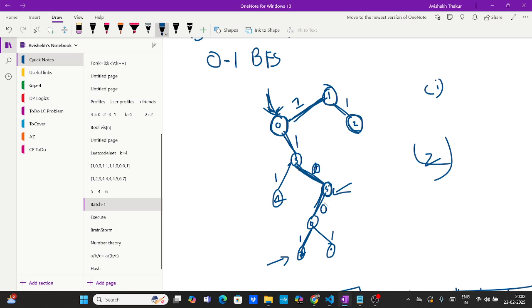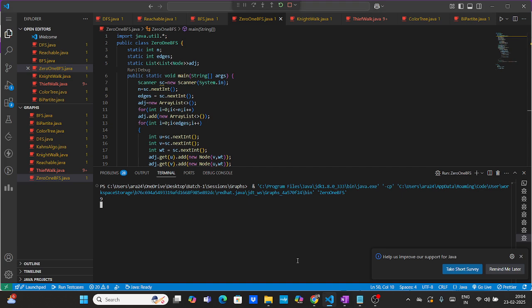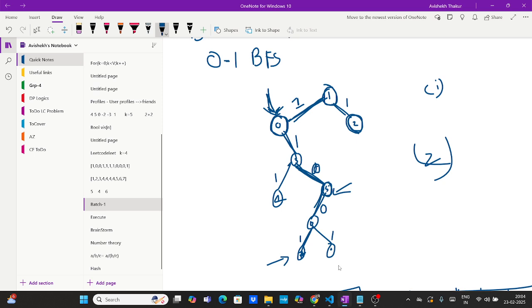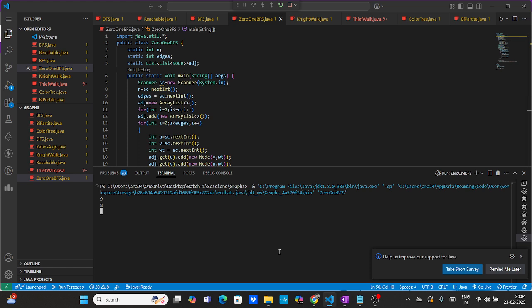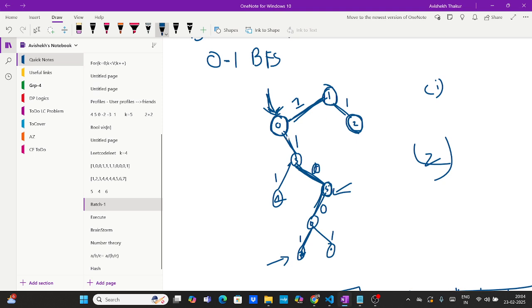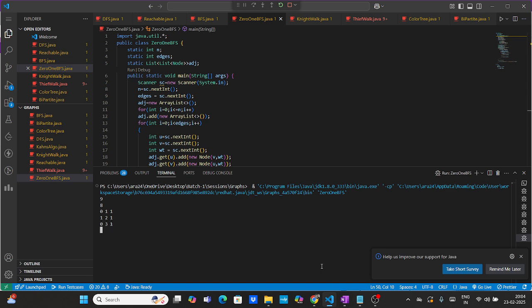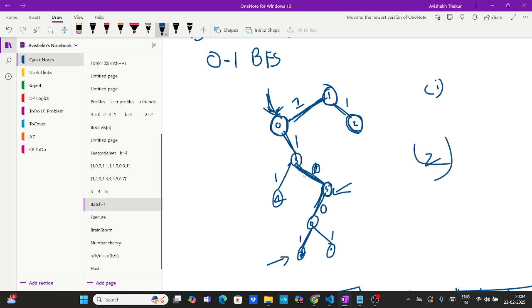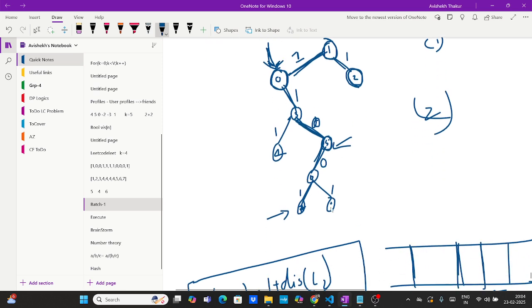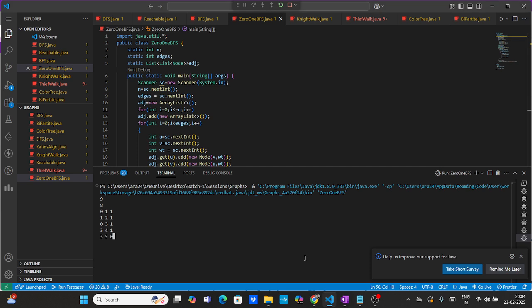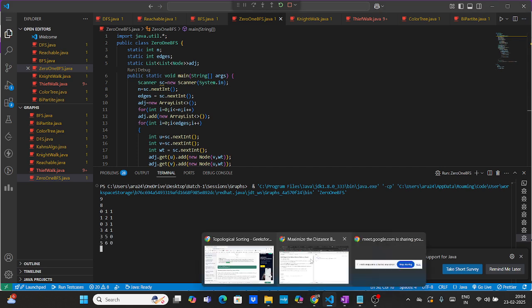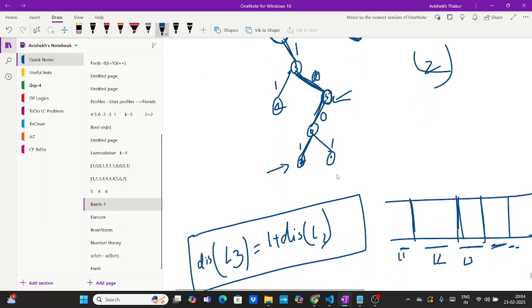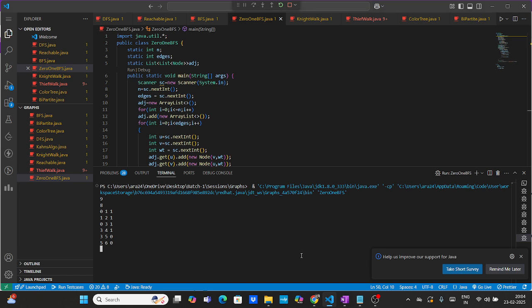Let's go: 0 with 1 has weight 1, 1 with 2 has weight 1. 0 with 3 and 4 have weight 1. 3 with 5 has weight 0, 5 with 6 has weight 0. 6 with 7 and 6 with 8. That's all.